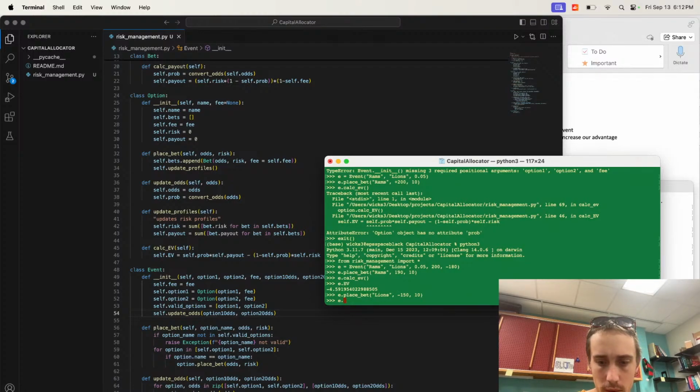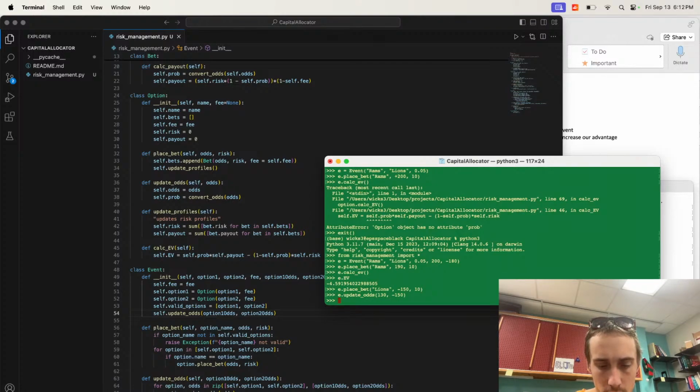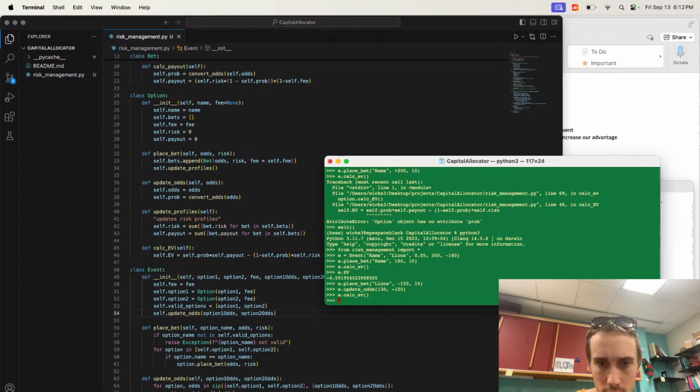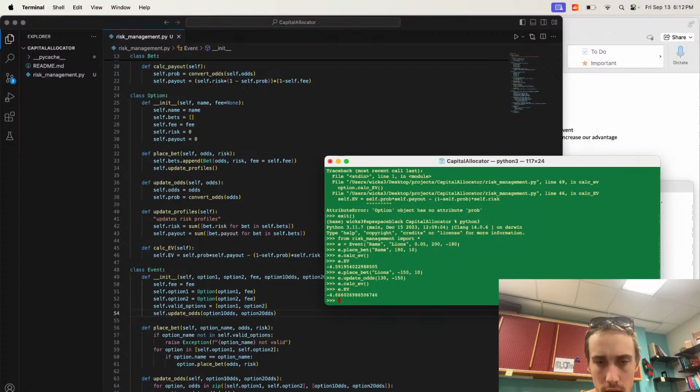Okay, and then let's update odds to be plus 130, minus 150. And then e.calc EV. And then what's EV?